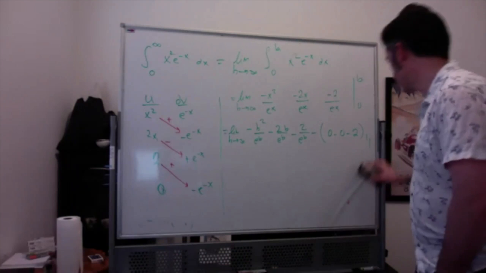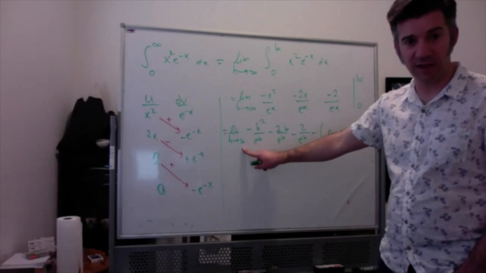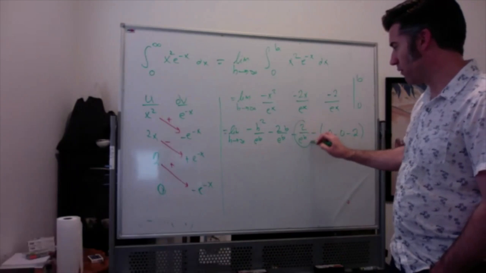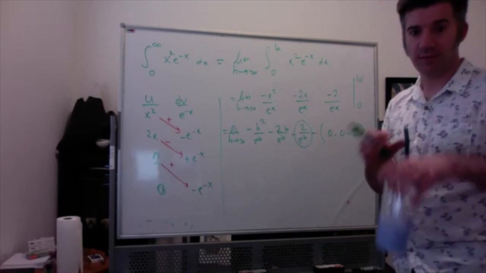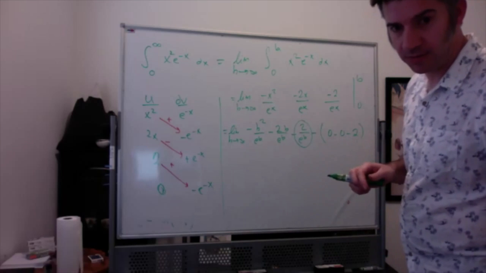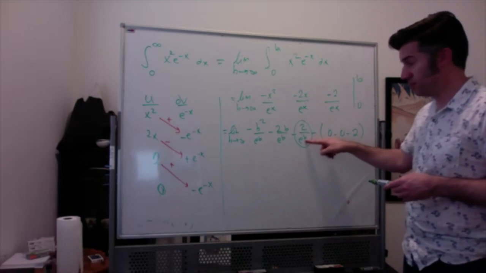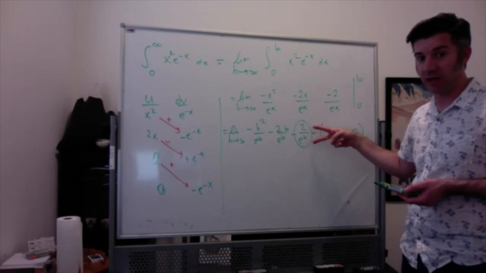All right, so let me ask you guys, as b goes to infinity, what happens to 2 over e to the b? Where does it go to? Well, the denominator is getting really, really big, so the whole fraction is getting very, very small.